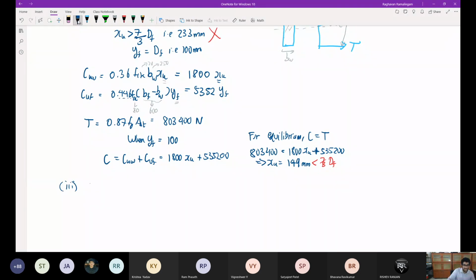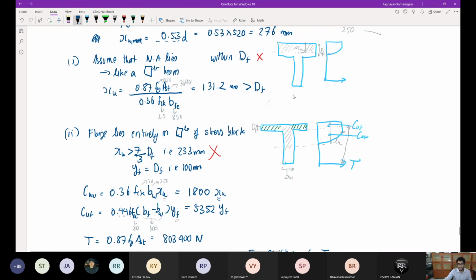Therefore, the flange lies partly in the parabola of the stress block, meaning that our assumption over here is not right, and rather we have something like this.